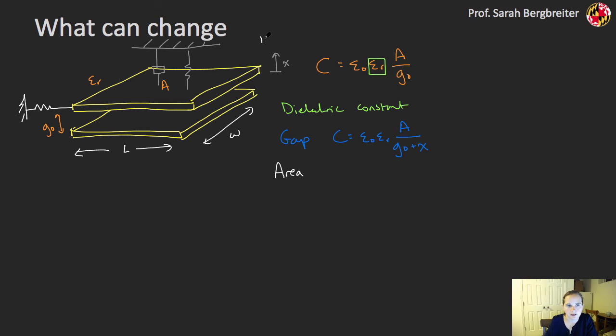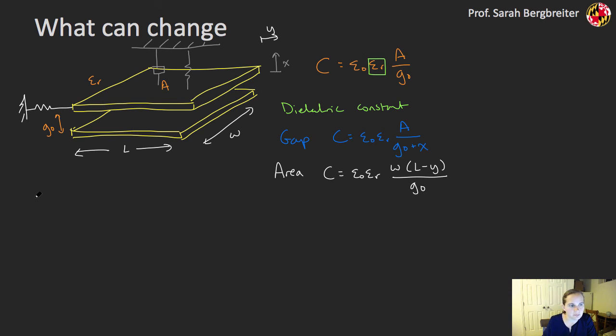So if I define this position right here as Y, right, so the more I move, the less overlap area I have. My capacitance in this case is going to be those dielectric constants, my width, that's staying the same, times L minus that displacement. So I've lost that overlap area over my gap.